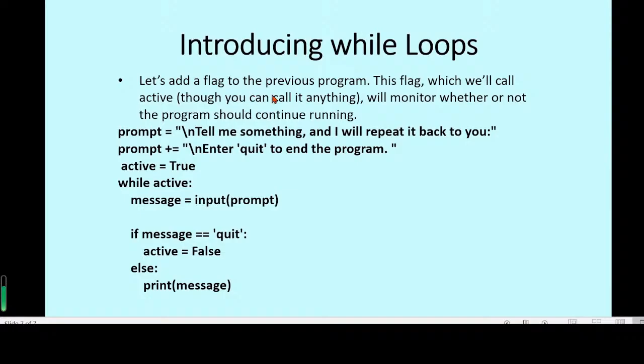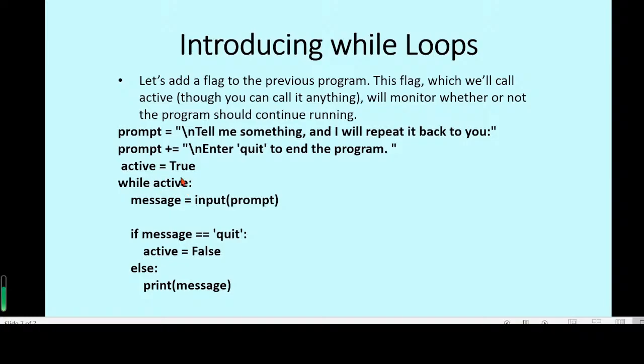So let's add a flag to the previous program. This flag, which we will call active, so you can call it anything, will monitor whether or not the program should continue running. We create the prompt message, then we create a variable called active set to true. Next, we will run a while loop, starting with while active. While active means if the active's value is true, then the condition will be true.